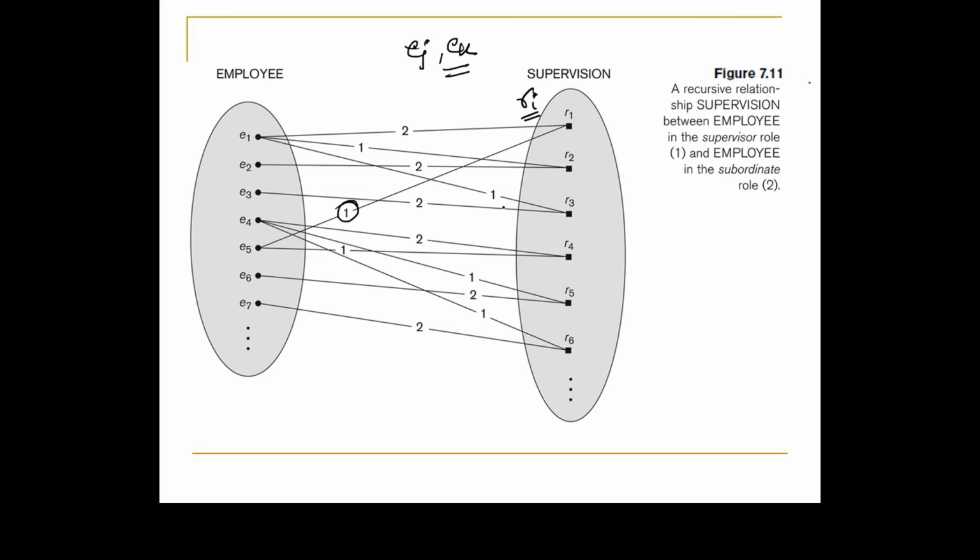Meaning that here you can see E1 supervises E2, and E3 also, because this one is marked as a supervisor. E3, this one I'm talking about.